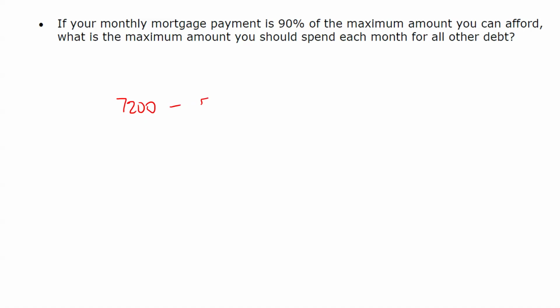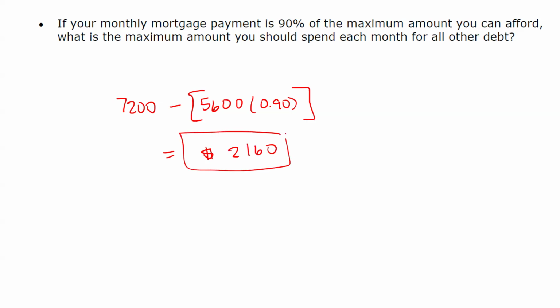So 90% of 5,600 is what we subtract from 7,200 to get the total amount we could use for other credit obligations. When we enter that in our calculator, we get $2,160. That is the total amount we can use on other credit obligations, but it should not exceed this amount.